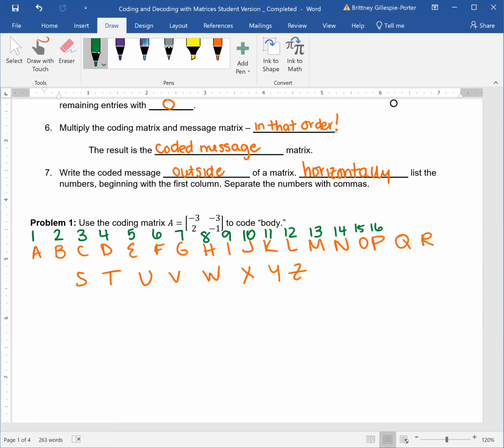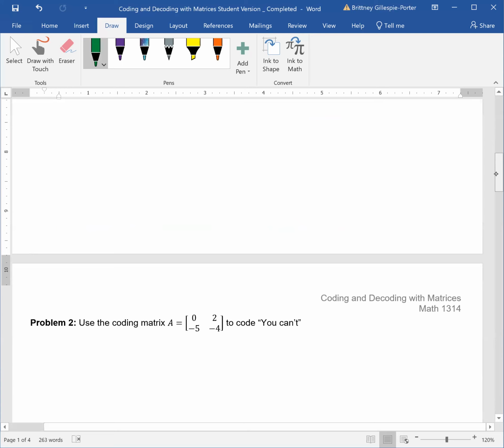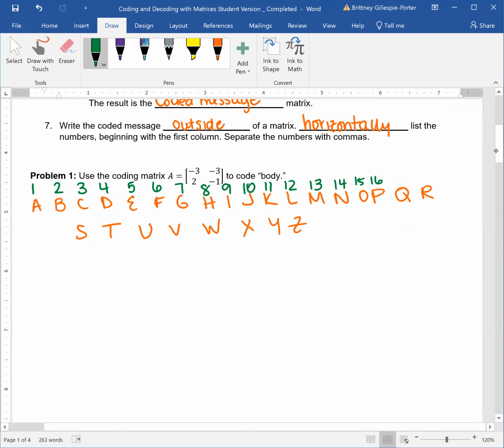I've had a couple of students do that on their exams. It totally throws everything off if you have S written down as 20 instead of 19. Okay, you should get Z is 26, and don't forget that space is going to be 0.